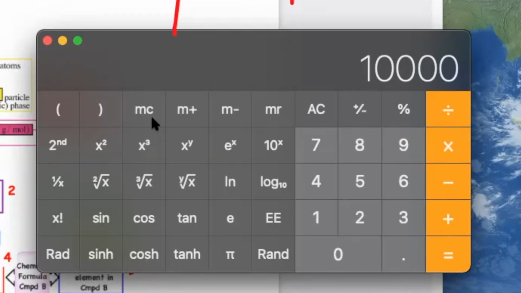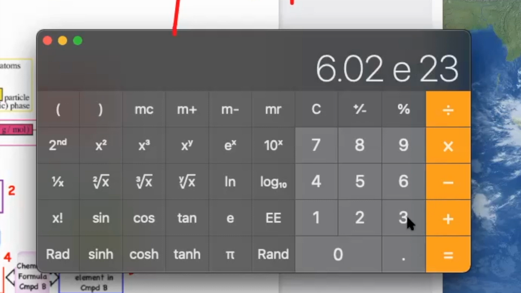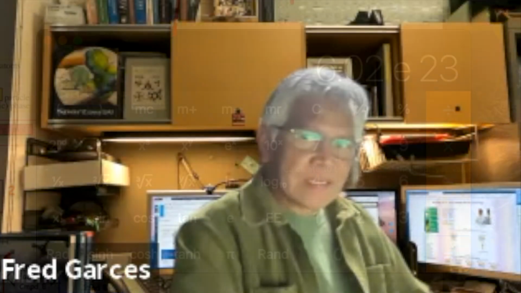So that would be, let's clear this, 6.02 exponent 23. If I need to put a negative in front of that, there's a sign change here. That's important because if you don't do that and you use this instead, most likely you're going to be off by a factor of 10.